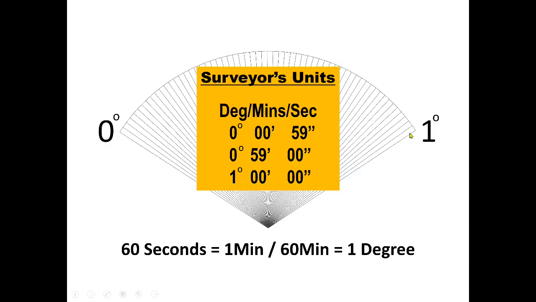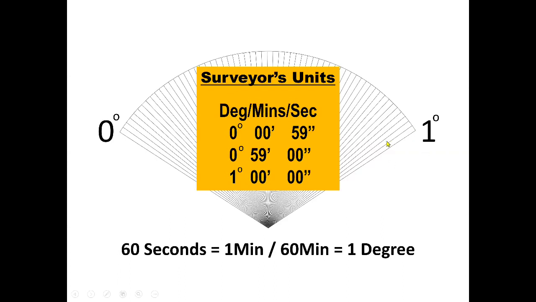But you can further break down each minute into 60 parts, and that we call seconds. So just like how we broke down 1 degree a while ago with 60 different divisions, you could take one of those divisions, which is what we call a minute, and break it down further into 60 compartments. And each of those divisions is what we would call a second.